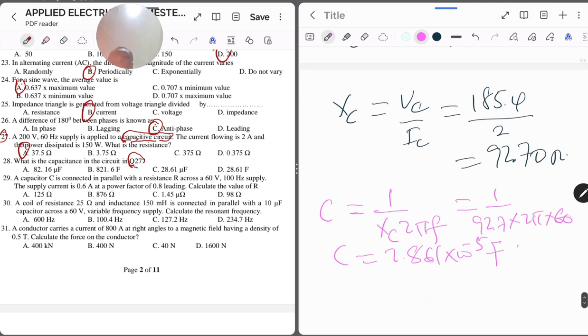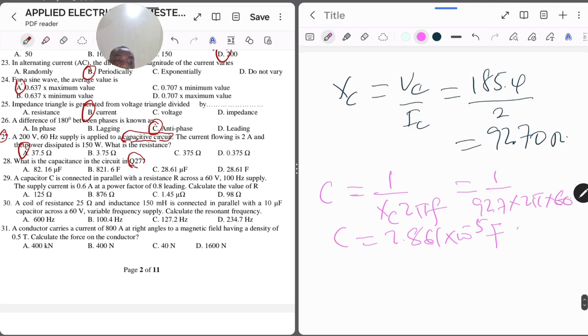When you look at the possible answers, you can see that they are expressed in microfarads, right? So let's change this to micro. So we have to get minus 6, so that will just be 28.61 microfarad. So we get the answer here to be 28.61, which is C.